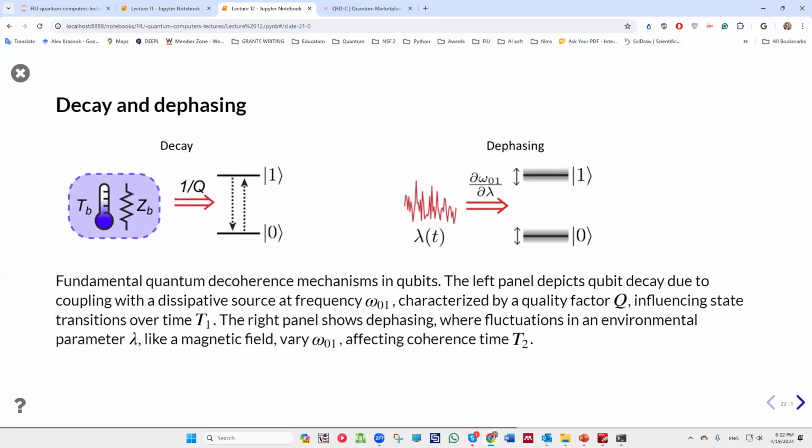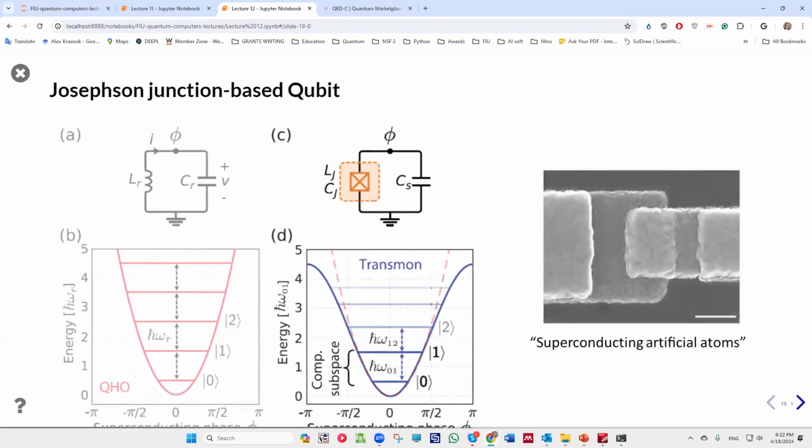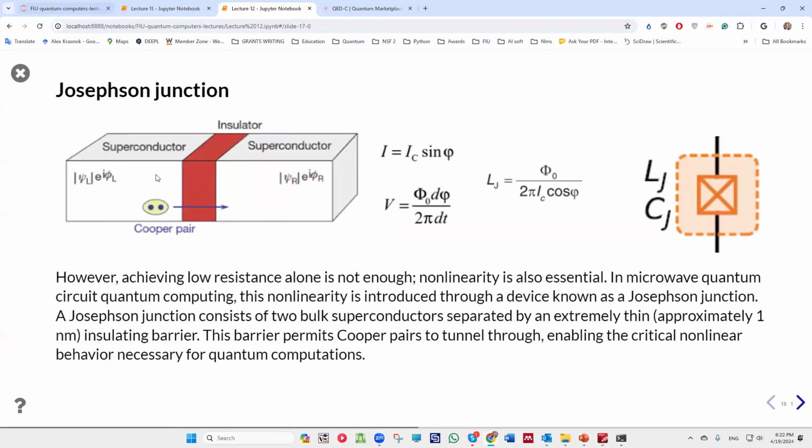Few words about decay and dephasing. I said that the microwave oscillating field unfortunately creates noise because of the residual resistance, but that's just one source. Another source is these Cooper pairs. They exist because they are coupled with some energy.